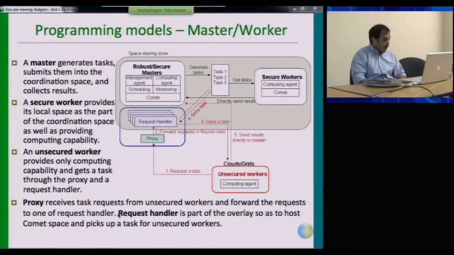We have different classes of workers, and they are based on their capabilities, but broadly we have divided them into two. And these are based on the type of applications that we work on. Secure workers are workers that have additional capabilities and that are able to host data, are able to be more reliable and robust, that we can depend on them to a larger extent, right?